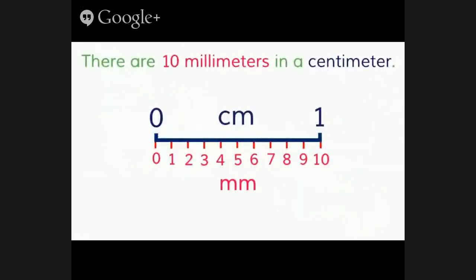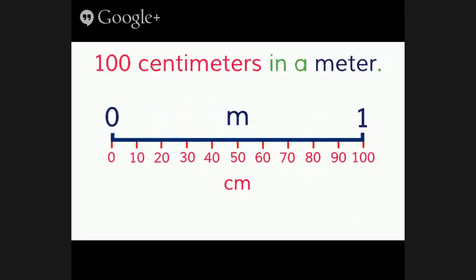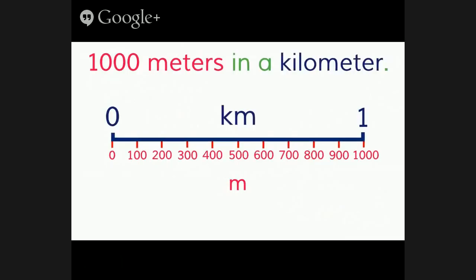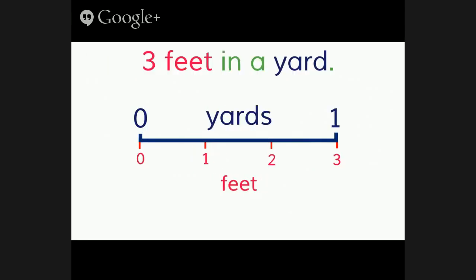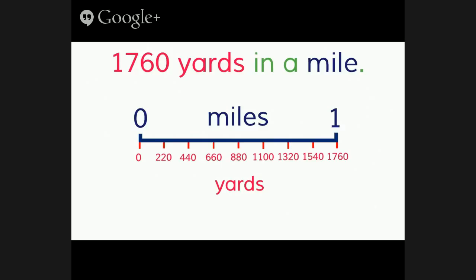There are 10 millimeters in a centimeter, 100 centimeters in a meter, 1,000 meters in a kilometer. There are 12 inches in a foot, 3 feet in a yard, 1,760 yards in a mile.